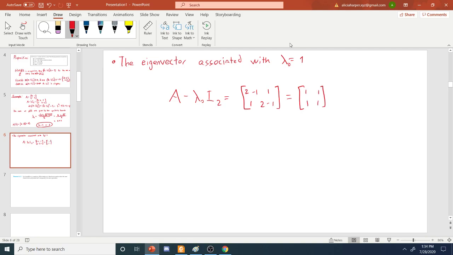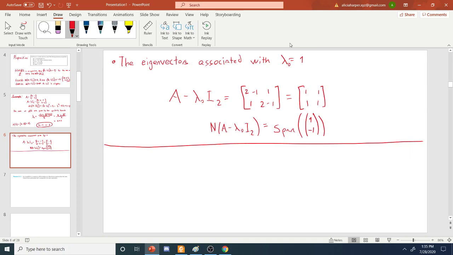And you can check that the null space of this is going to be exactly the span of the vector 1, negative 1. So technically, since this is a span of a vector, it's actually the eigenvectors associated with this. So that completes the analysis of the eigenvector for lambda naught is equal to 1.